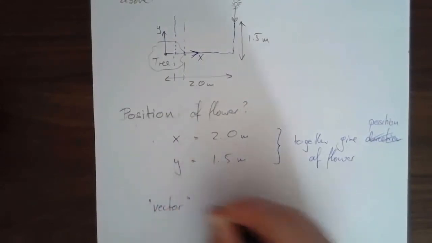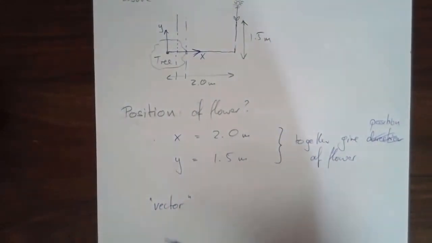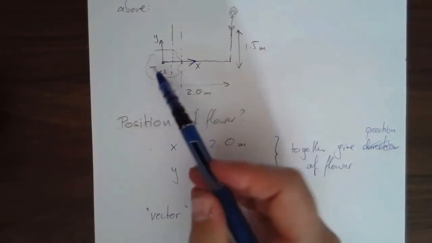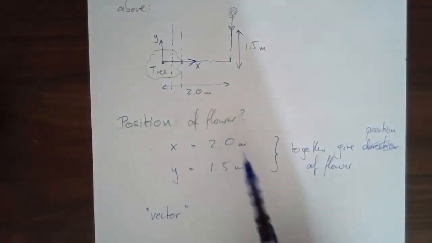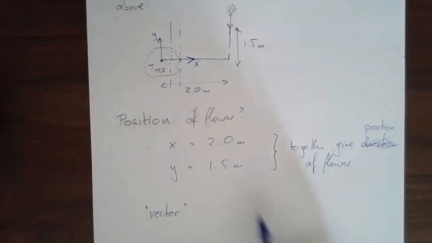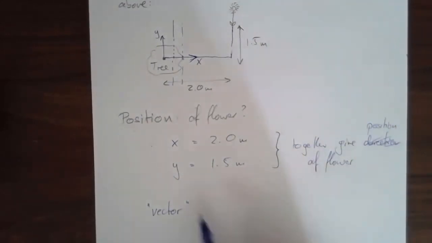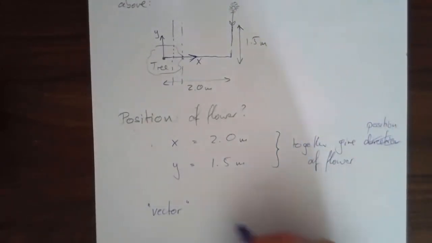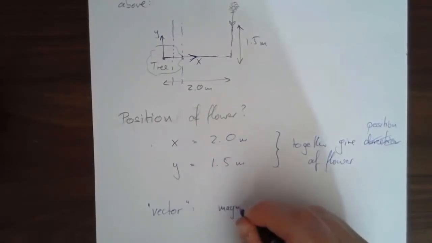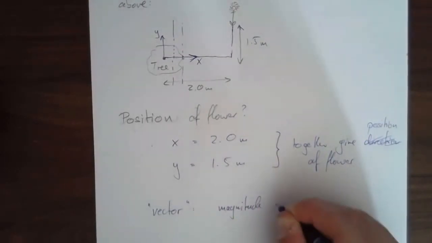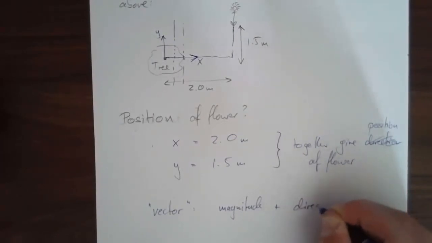A vector has a magnitude, kind of how far is it, and a direction. And one way to express this is in terms of its components. So magnitude plus direction.